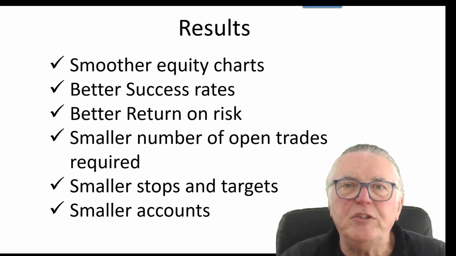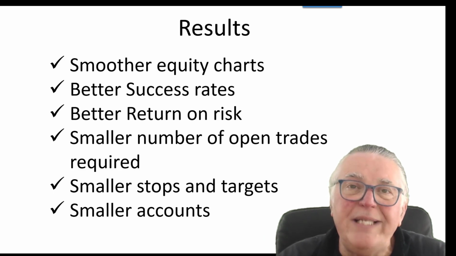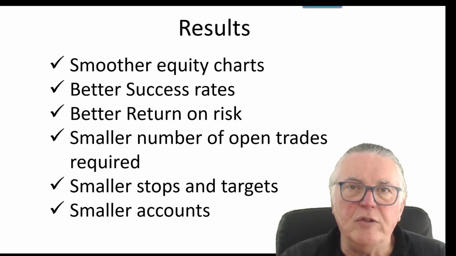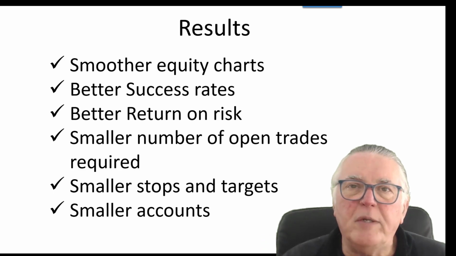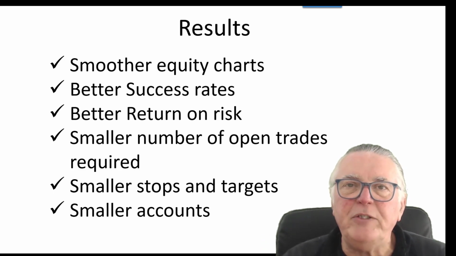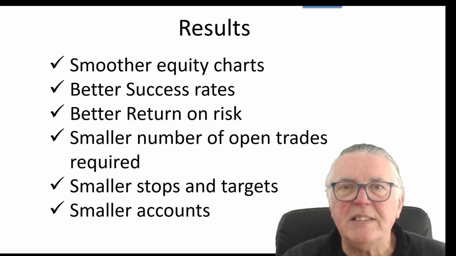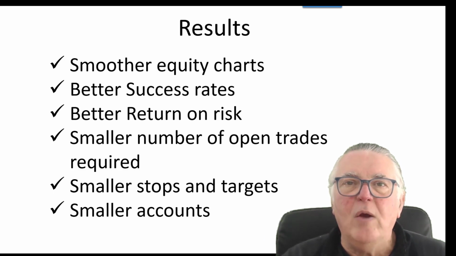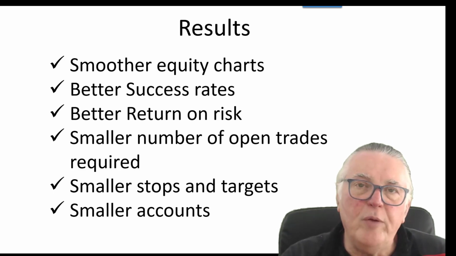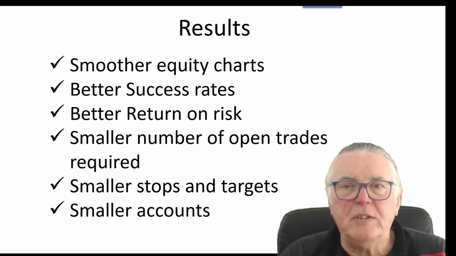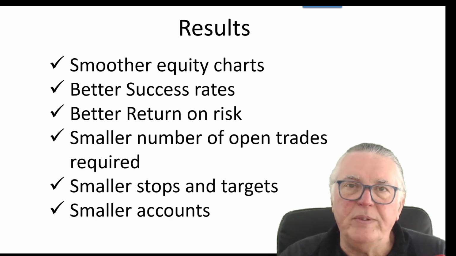We're encouraging traders to use up to 10 open trades or something on those lines. We're also encouraging traders to use smaller stops and smaller targets, as I mentioned previously, especially in the sideways markets. And you can now use this EA with smaller accounts because you've got fewer open trades, you've got smaller stops and targets, there'll be fewer open deals.